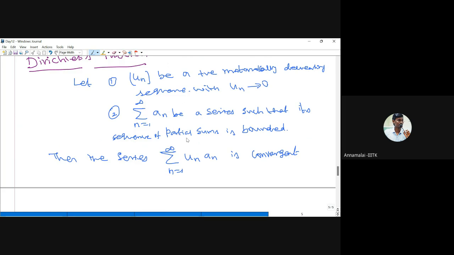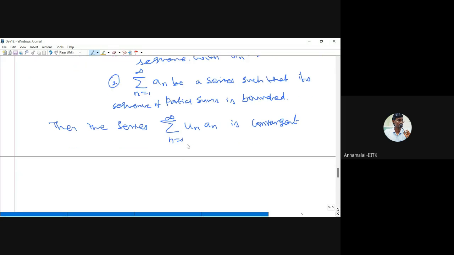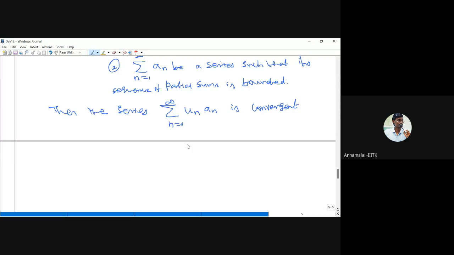Abel proved that you can just assume that summation an is a convergent series, then the product is convergent. So Abel's theorem. There is a slight difference between Abel's theorem and Dirichlet's theorem.